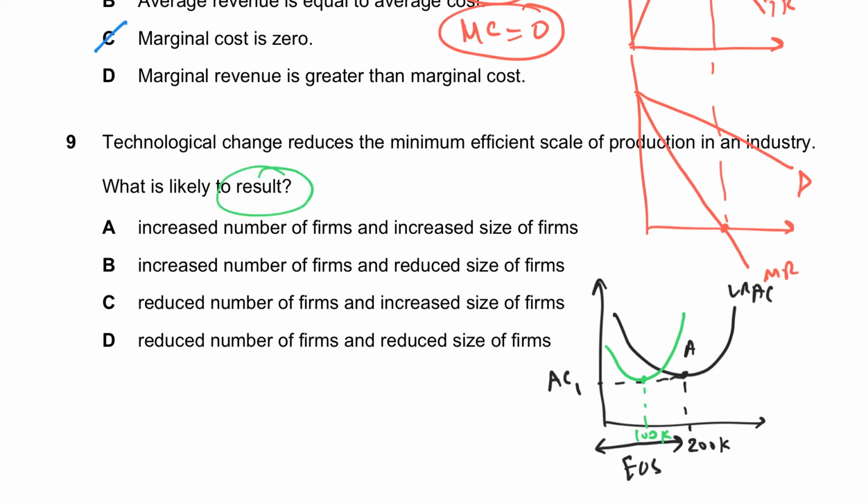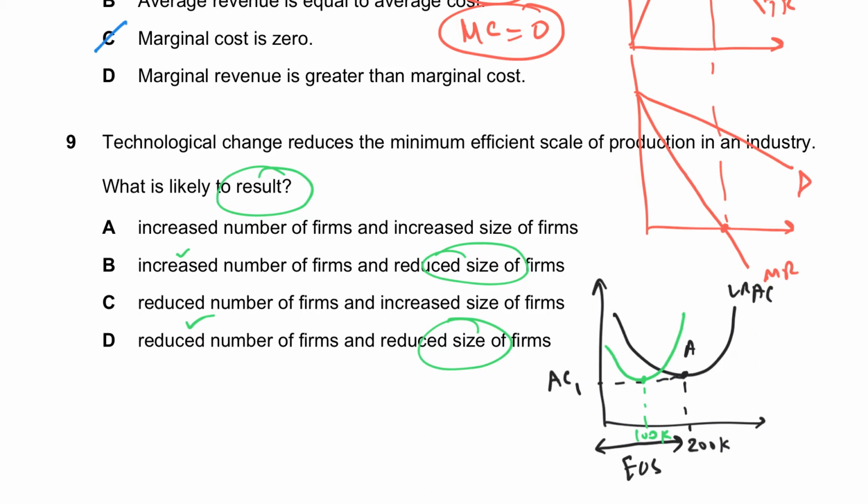The answer is a reduced size of firms, because firms will not need to be worried about achieving minimum efficient scale through a large size, because a small size is allowing firms to still achieve the minimum efficient scale. So B and D are possibly the right answers, where the reduced size of firms is an option given.